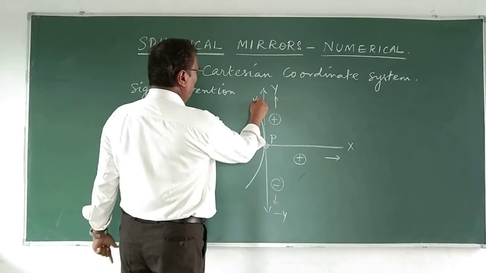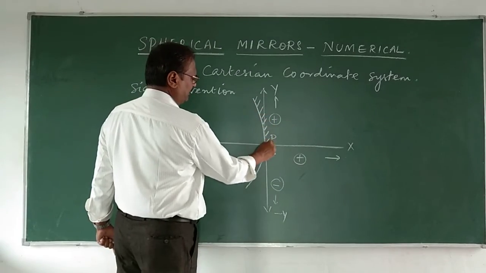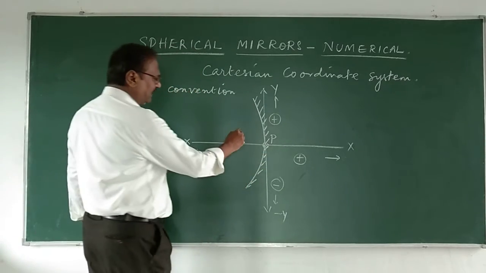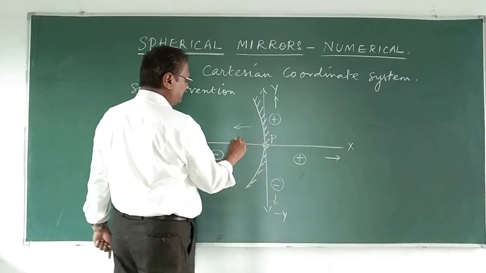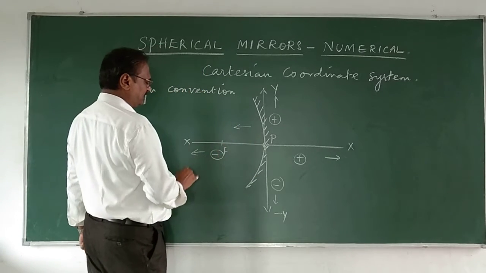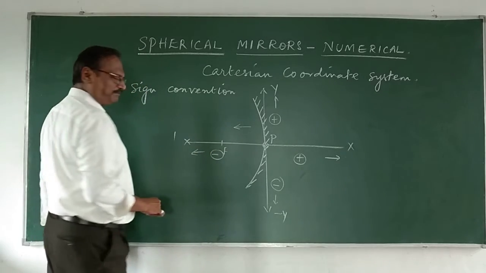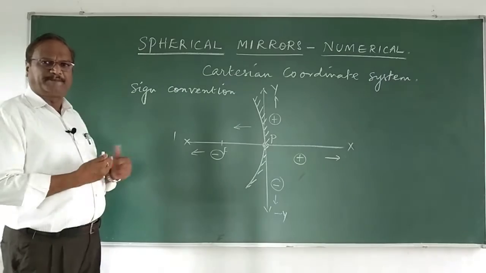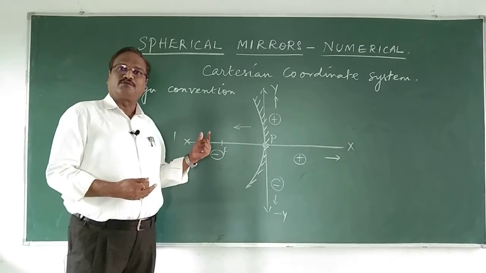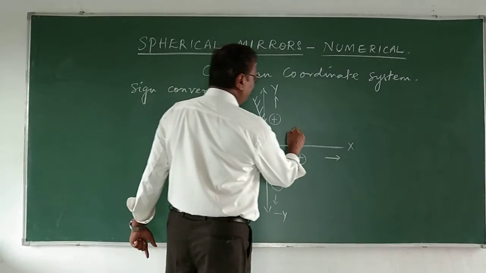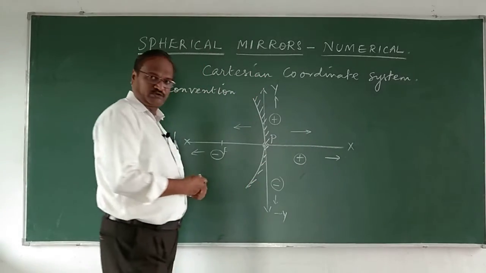Suppose I take a concave mirror. Whatever lies on the left hand side will be negative, like its focal length, and the object which you are going to keep, and where the image is formed, depending on the position where you keep the object. And whatever measurement you make on the right hand side is positive.